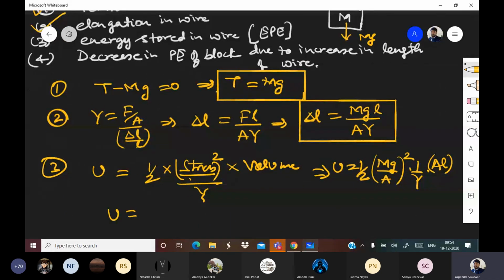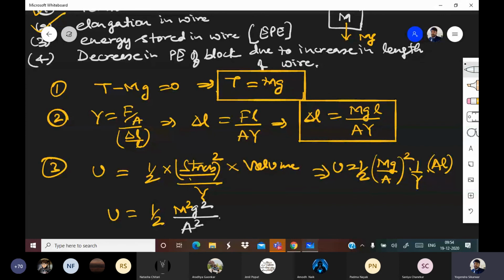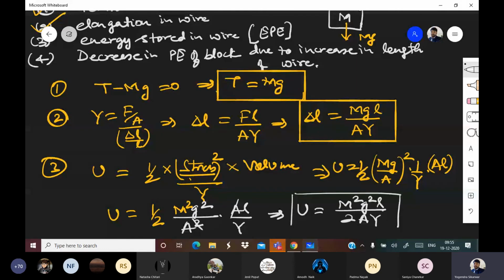So U will be half into M square G square upon A square into AL upon Y. So A got cancelled, and U came out to be M square G square L upon 2AY.